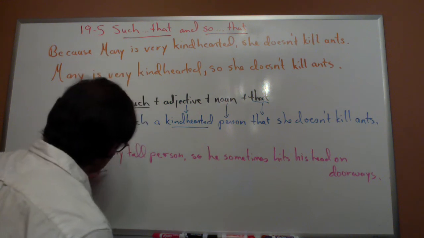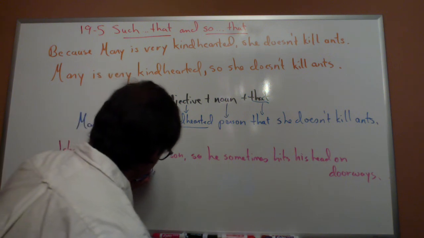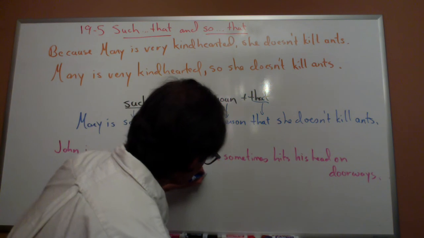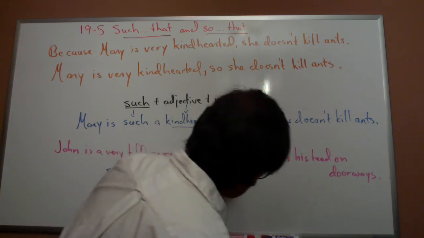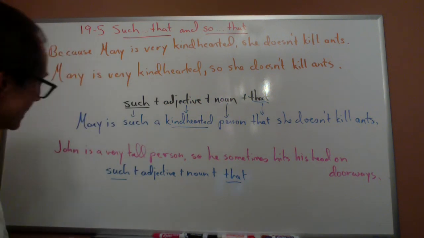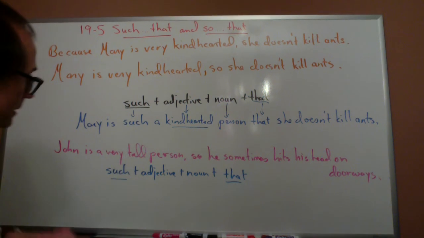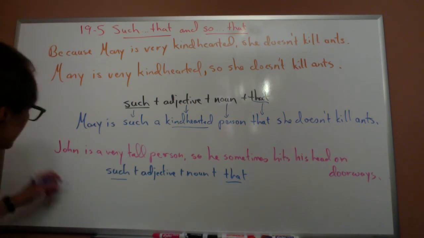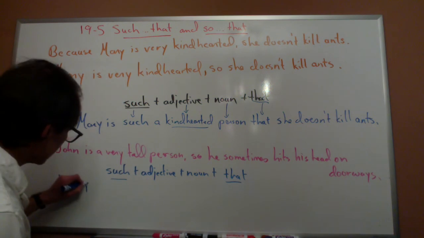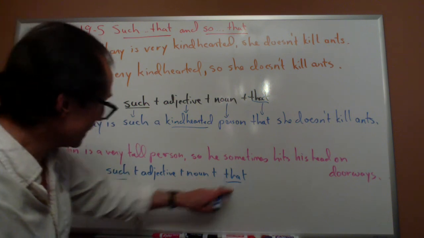So I'll have such plus adjective plus noun plus that. All right. Let's walk through that together. And then, see, so I'll start off by just saying John is, and then I'll use such plus adjective plus noun plus that.